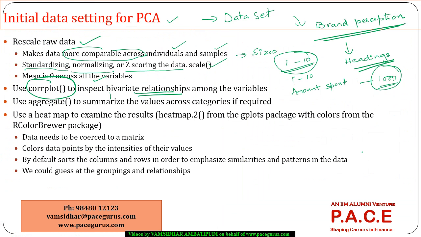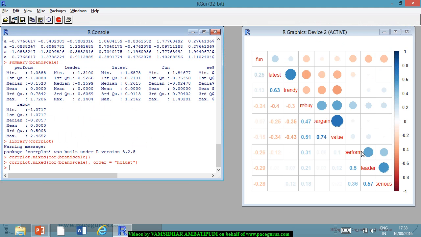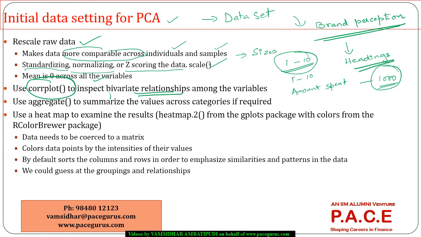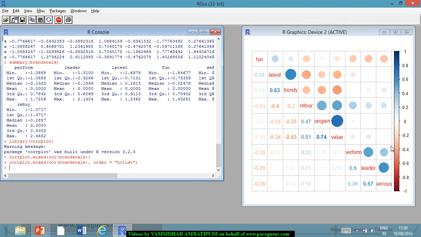And if required, sometimes I would look at, instead of taking it on the raw data, I don't mind taking this from the data which is aggregated. Let's say instead of taking the overall ratings, I can take a mean rating for each brand, and based on that I can assess the kind of correlations.